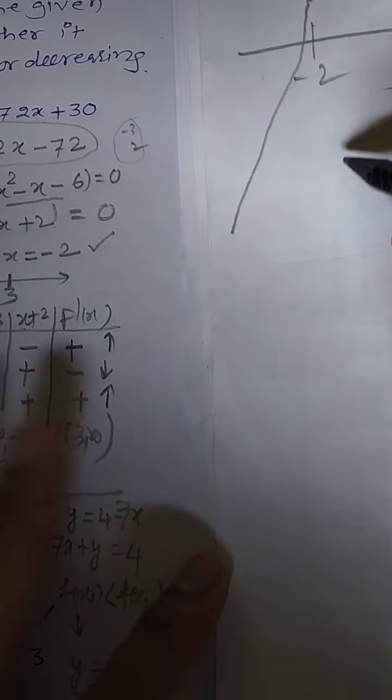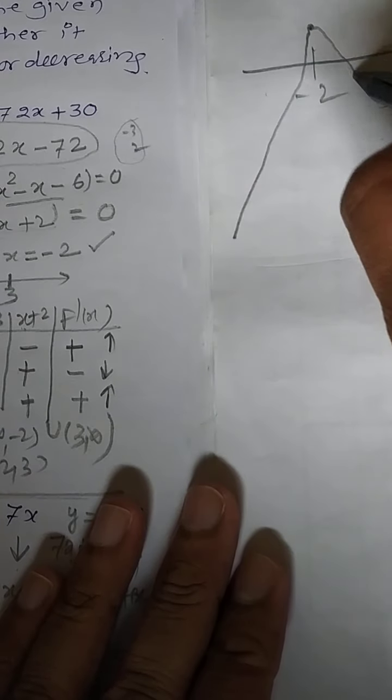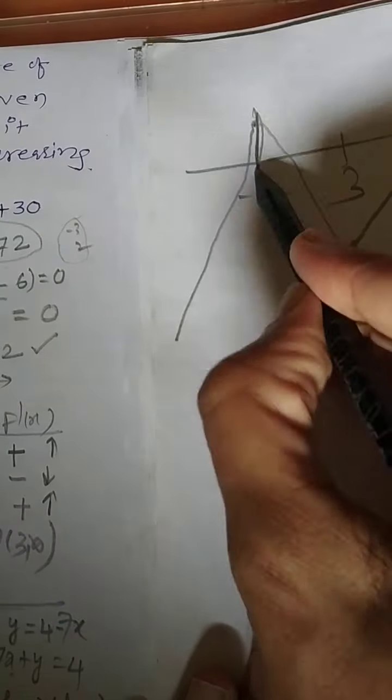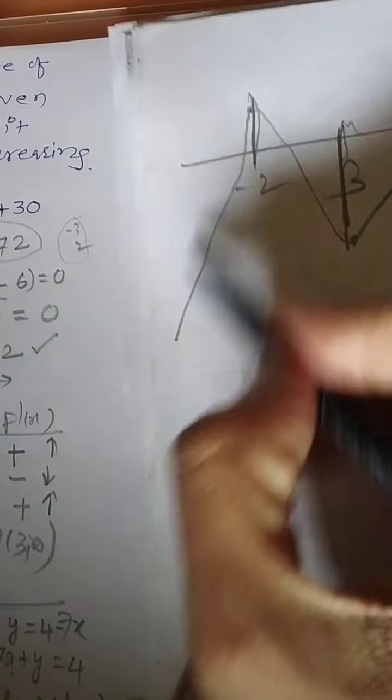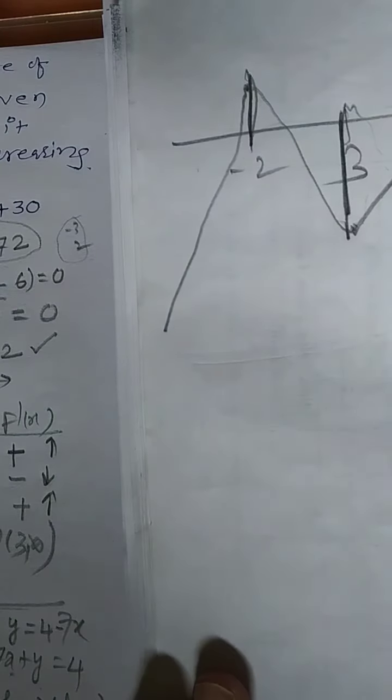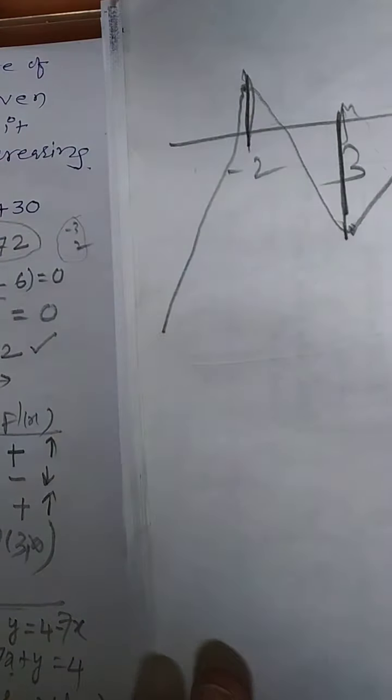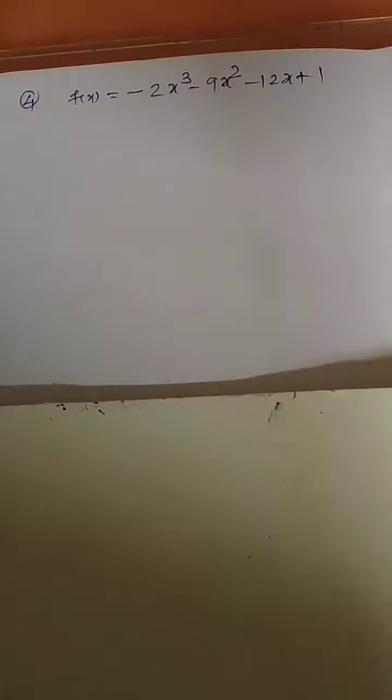Now from minus 2 to 3 it starts decreasing, and after 3 onwards it starts increasing. So these are the critical points where the function changes its nature. That is the actual meaning of the previous question. Followed now? So we are not going to talk about it graphically, but you should know the meaning of that.